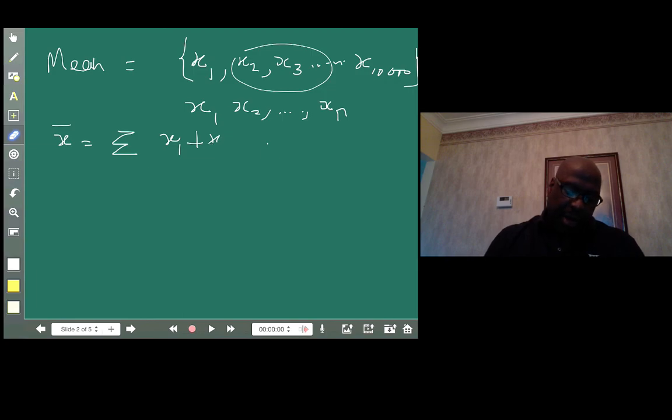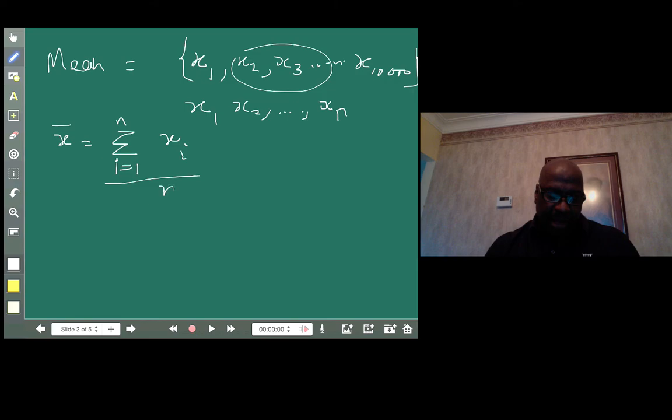Now it's not proper to have the summation sign and put the plus sign as well. So we denote it by saying the sum of all these values that we have, xi we call them, i is equal to 1 to n, and then we divide it by the sample size.